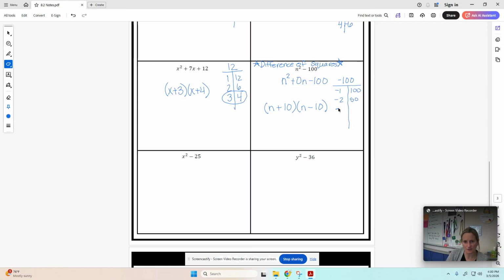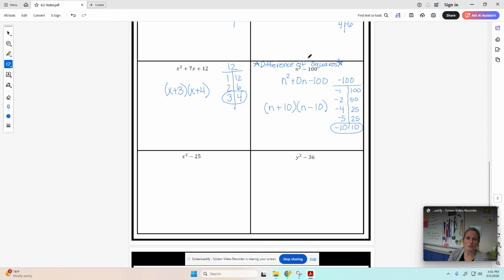Three is not a factor. 4 is a factor. This is going to take a while. 100 has a lot. 6 isn't, 7 isn't, 8 isn't, 9 isn't, 10 is. And this right here is the set of factors that add together to give me 0.